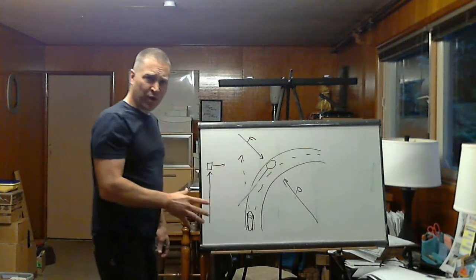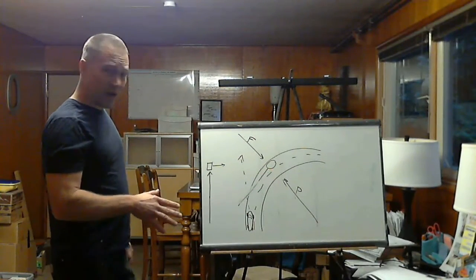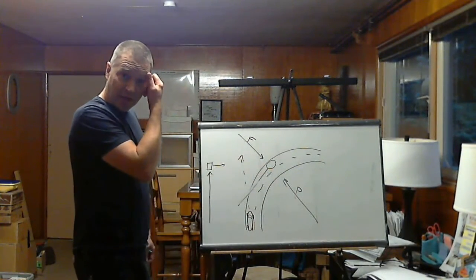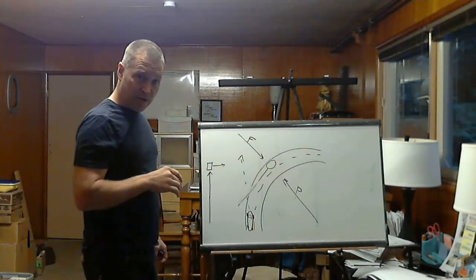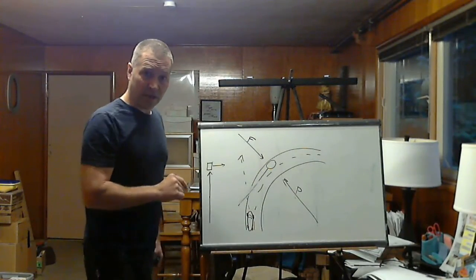Yeah, this one's a little bit more complicated and harder to do with vectors, but I just wanted to show you some of the practical applications of looking at these vectors in your everyday life.